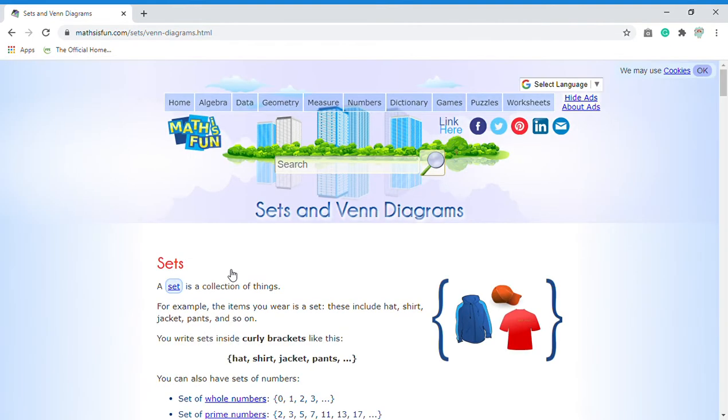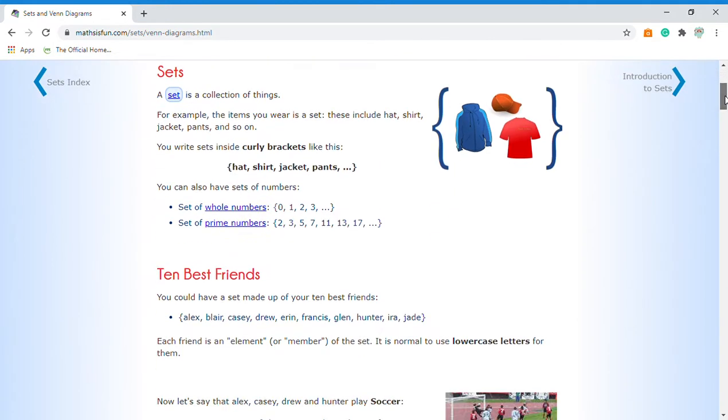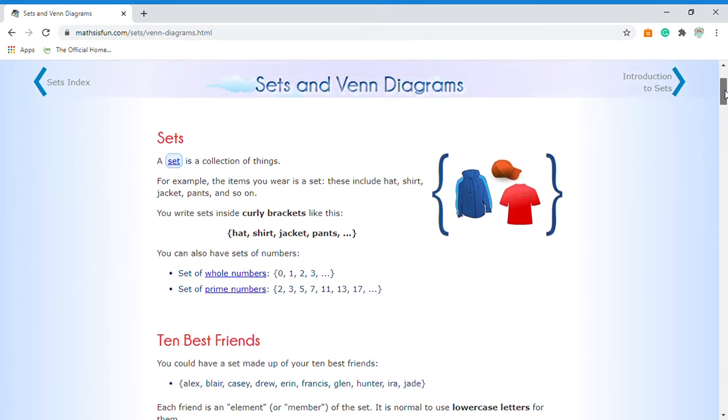They are all used to show information. All of these things are used for us to find information in an easy way, to show information in a very easy way, and to read information in an easy way. So here we go. They say sets and Venn diagrams.